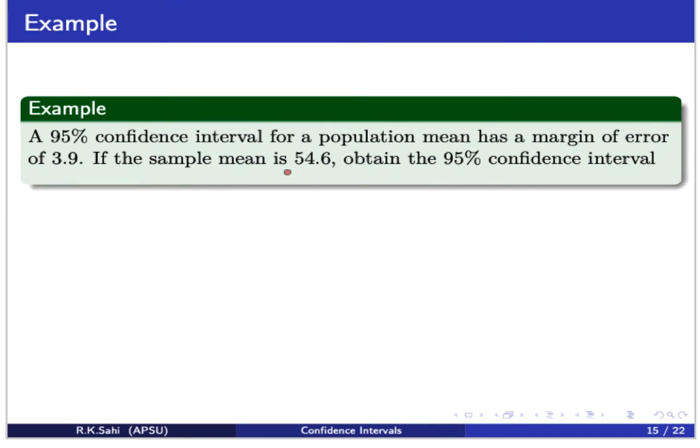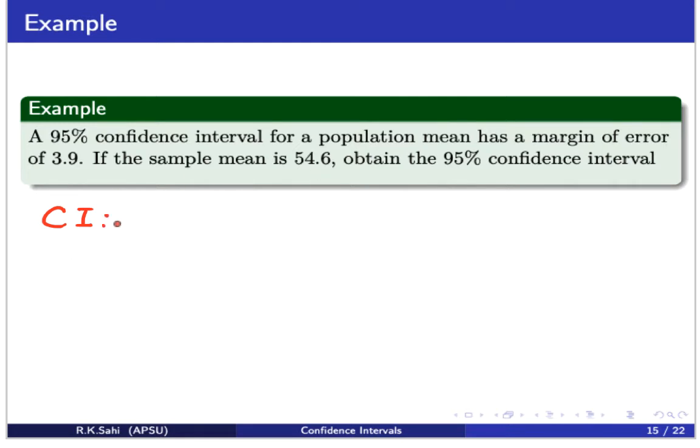A 95% confidence interval for a population mean has a margin of error of 3.9. If the sample mean is 54.6, obtain the 95% confidence interval. Remember, a 95% confidence interval basically means that we are 95% confident that the true population mean will lie within these values.